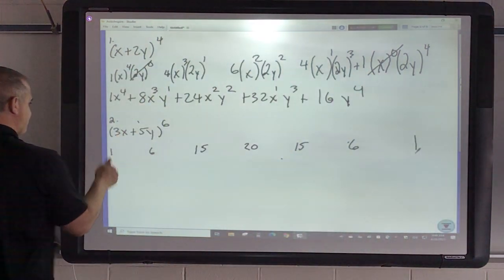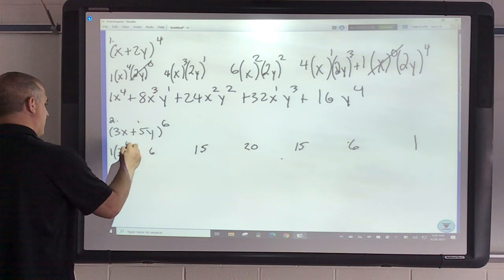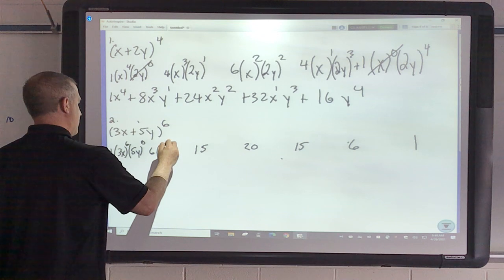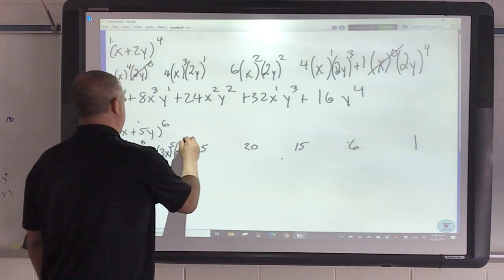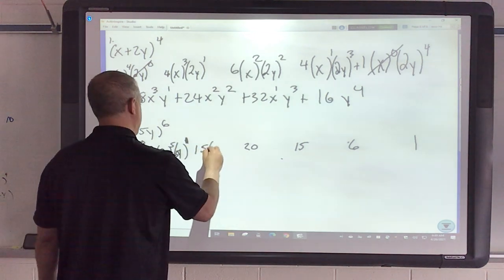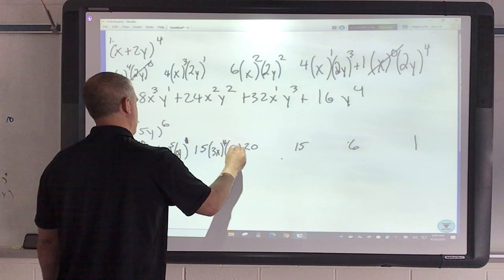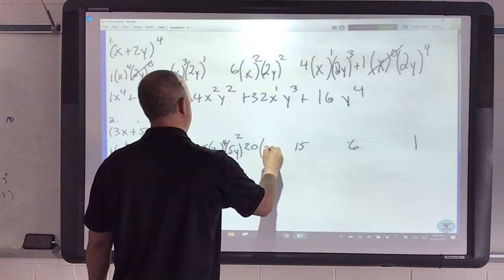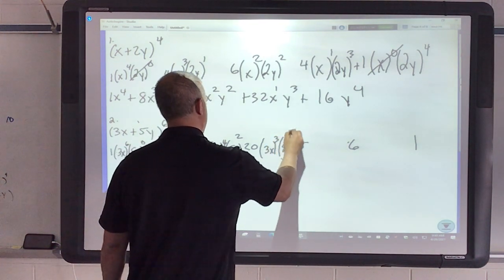Now, I would start with 3x to the 6th, 5y to the 0. 3x to the fifth, 5y to the first. Then 3x to the fourth, 5y squared. Then 3x to the third, 5y to the third.